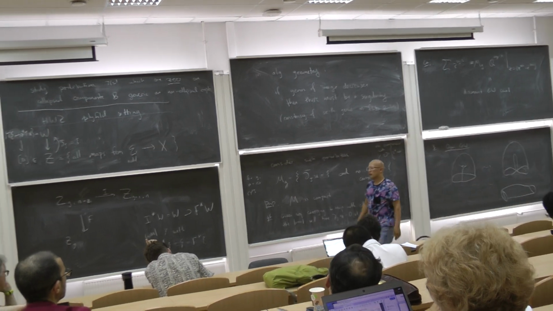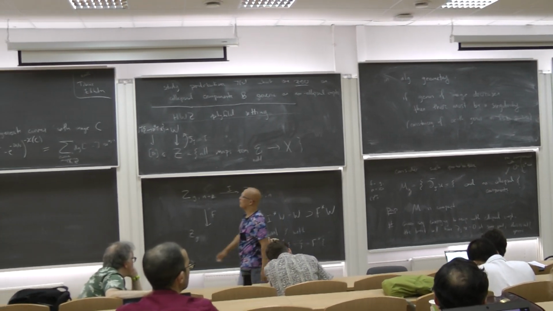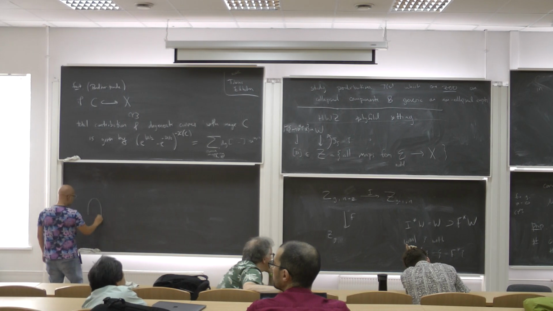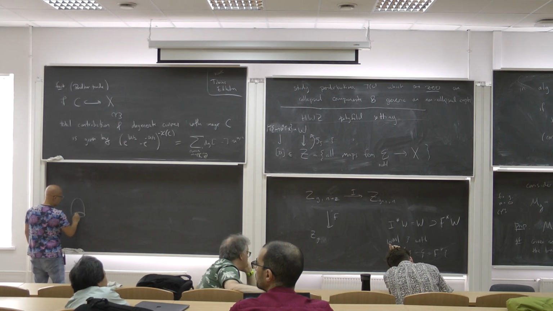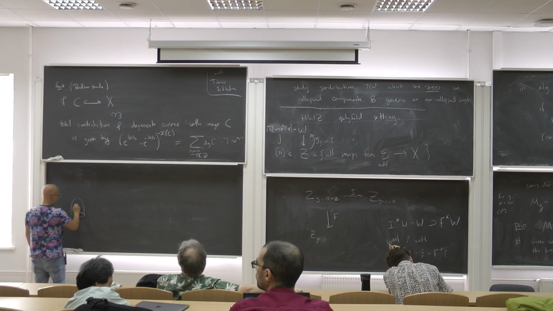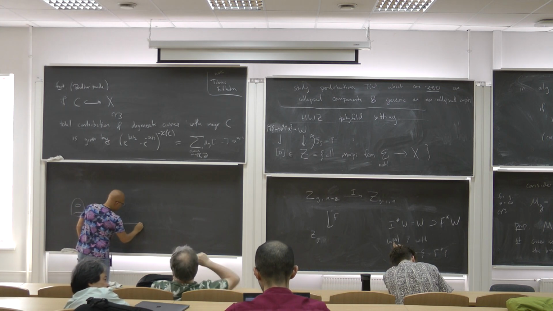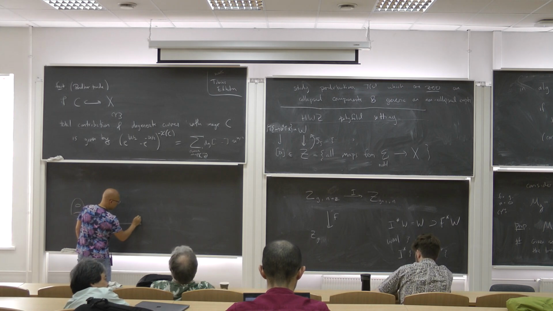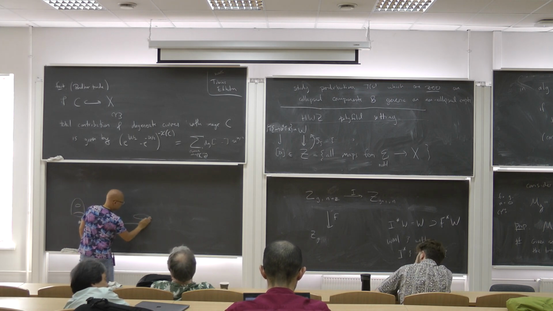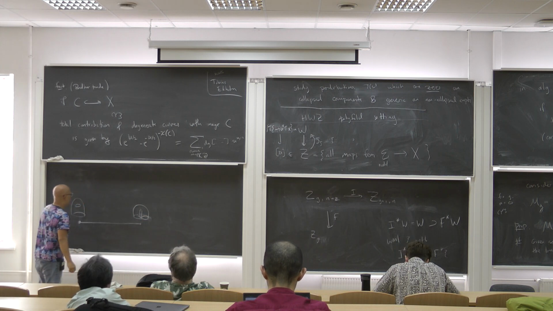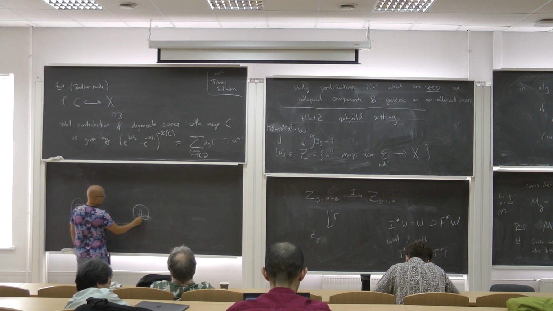And if you look at this degeneration in the moduli space, where this curve has degenerated to this one, then there's another family which also has this image.